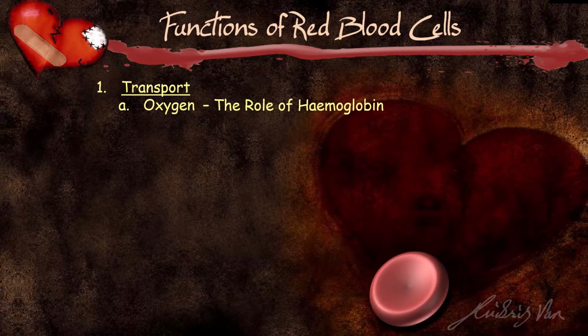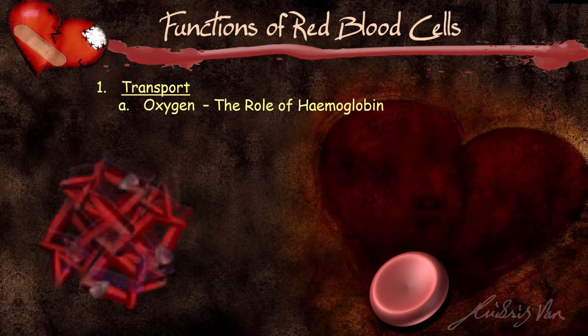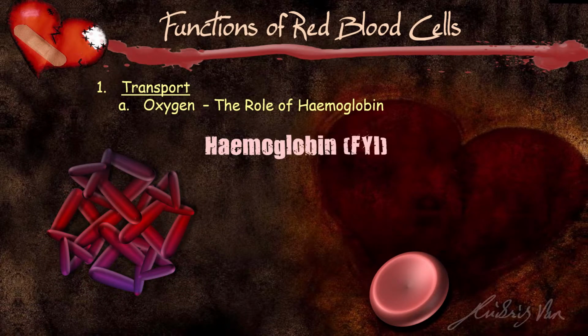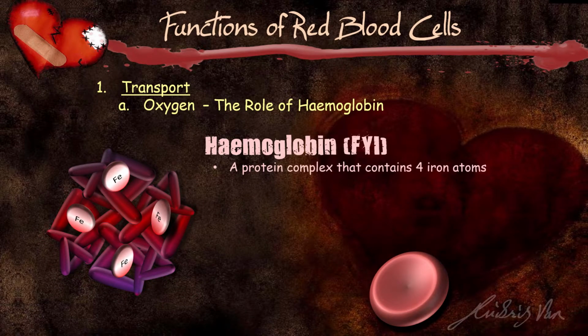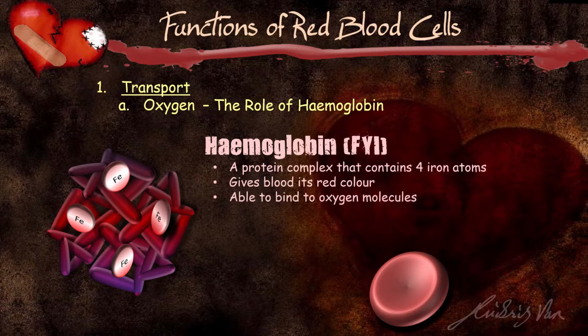This is just for your information, the role of hemoglobin. Hemoglobin is a protein complex that contains 4 iron atoms, and it gives blood its red color. It's able to bind to oxygen molecules, and in its unbound stage, hemoglobin is deep purplish red.